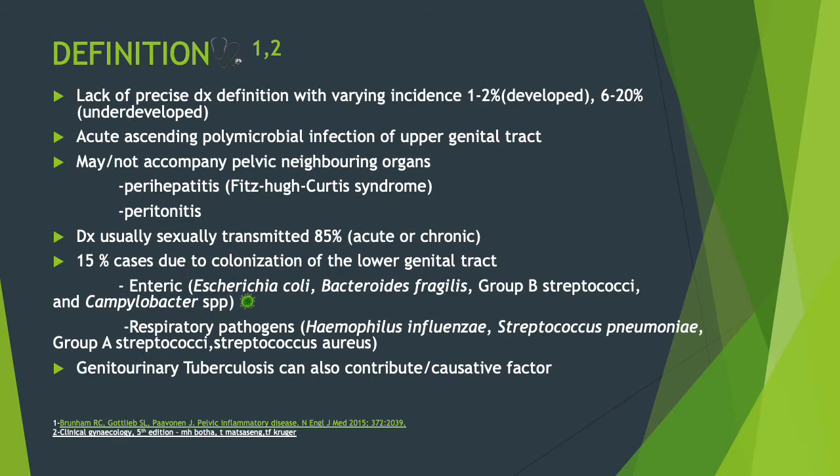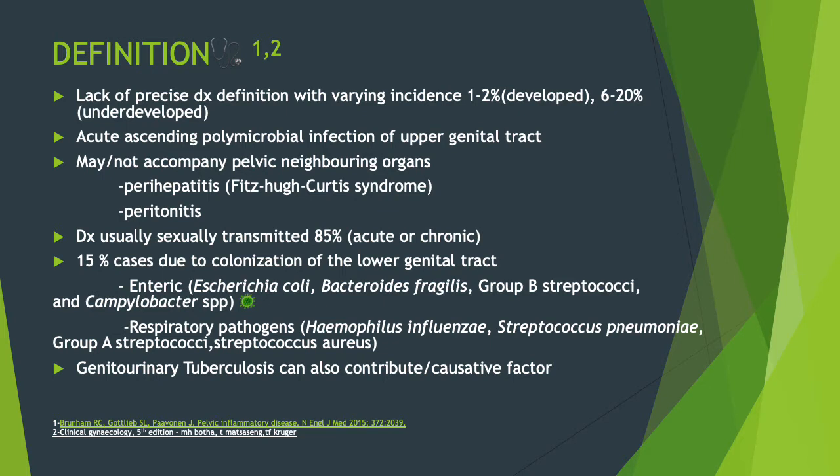If we look at the definition, there is quite a lack of precise disease definition, with the main focus being that it is an acute ascending polymicrobial infection of the upper genital tract, and it may involve any or all of the uterus, fallopian tubes, and ovaries.